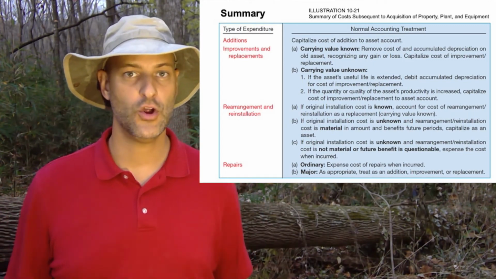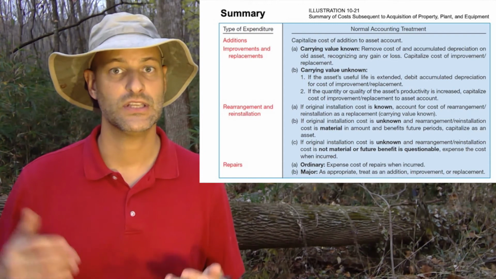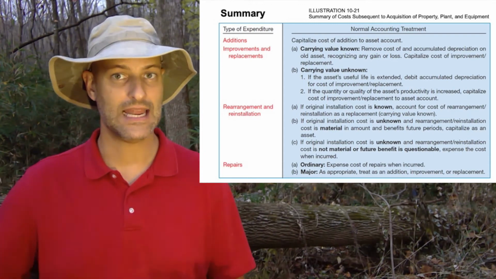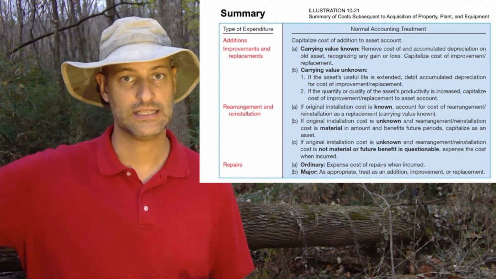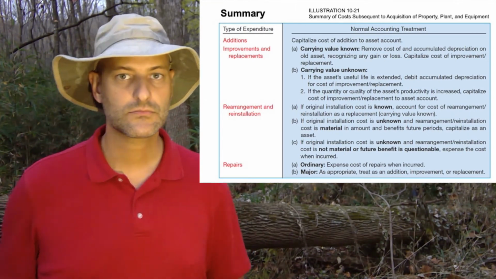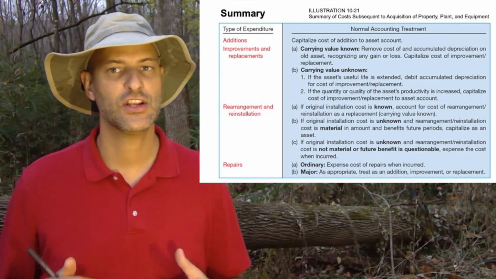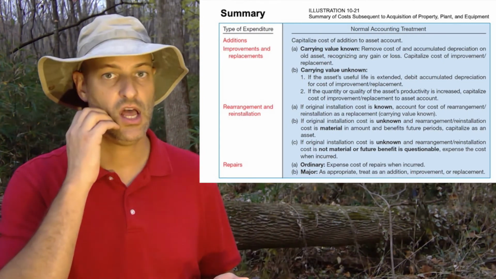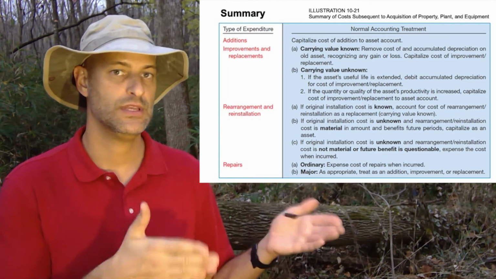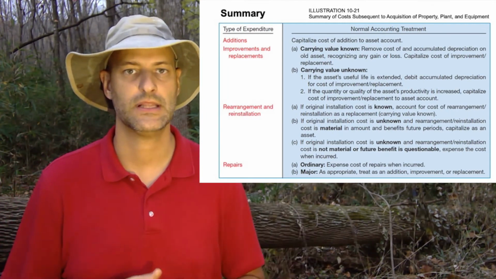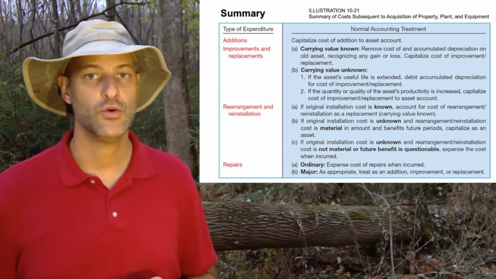So if the carrying value is unknown, then the asset's useful life is extended. That's if we are extending its useful life. Or if the quantity or quality of the asset's productivity is increasing, then we capitalize the cost of the improvement to its own account, which we generally call, say, equipment improvements or something like that. So that's if the carrying value is unknown.